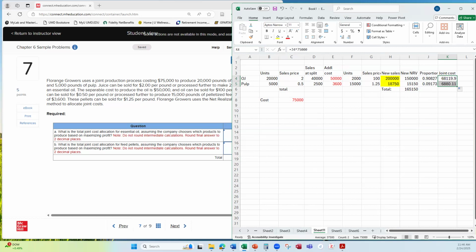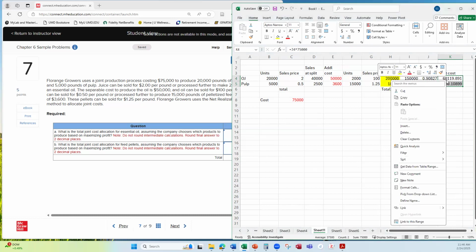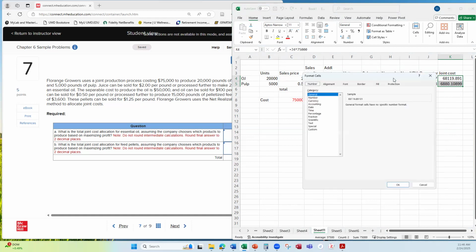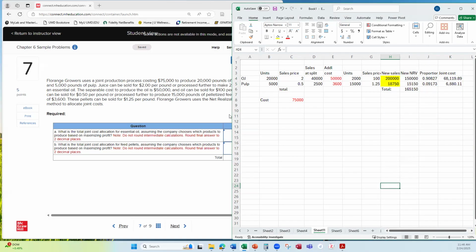Okay. And let's make that a little wider there. There we go. I'm going to put those into 2 digits because they want us to round to 2 decimal places. All right, so that's where we get for our costs here.